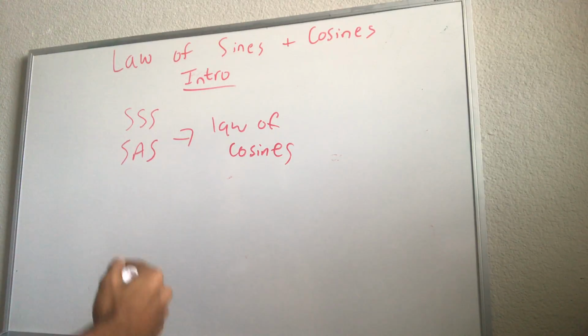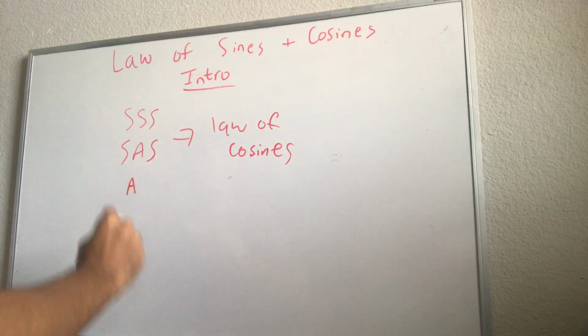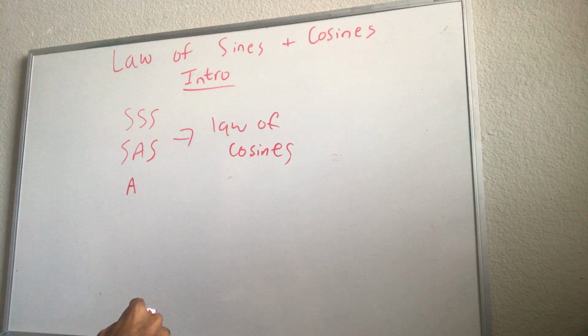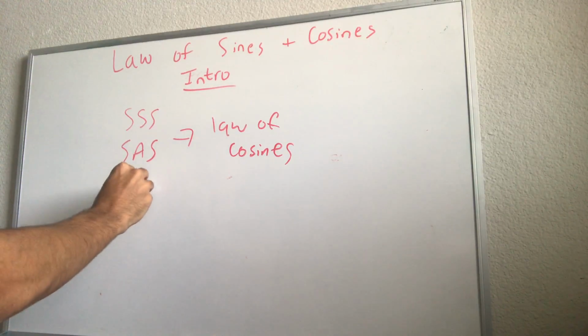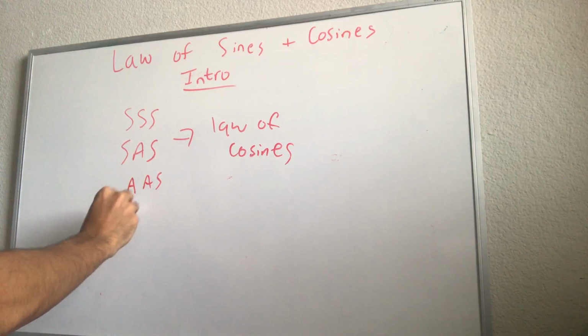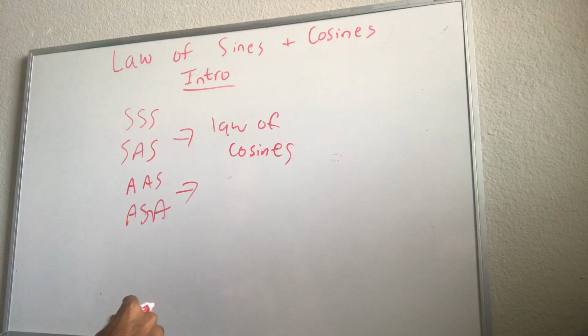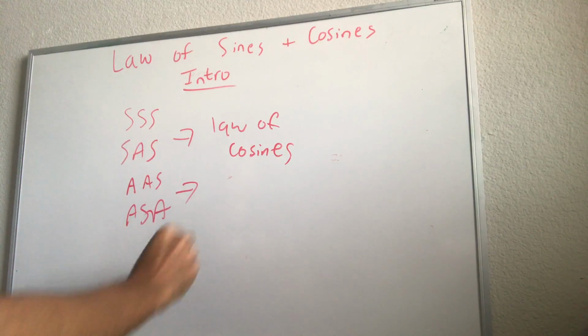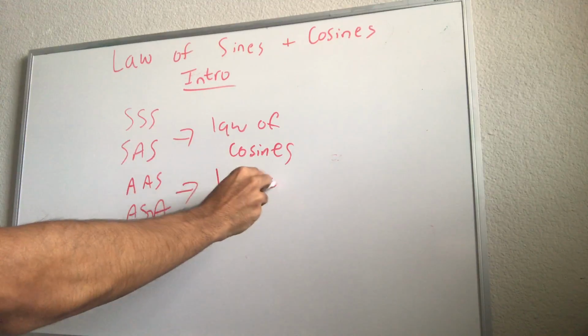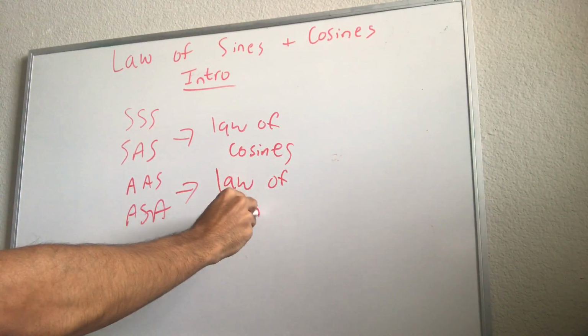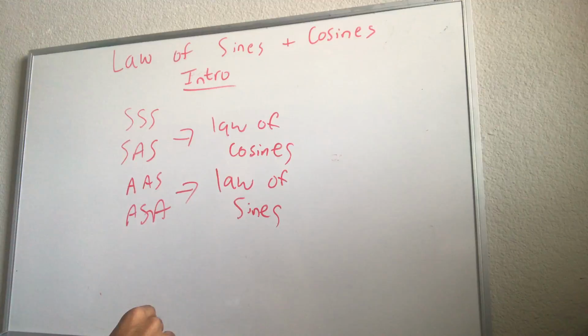On the other hand, if a triangle is given and you're given more angles, for instance AAS or ASA, where there's a side between two angles, or there are two angles and just one side, then you would want to use the law of sines, because it's better when more angles are given.